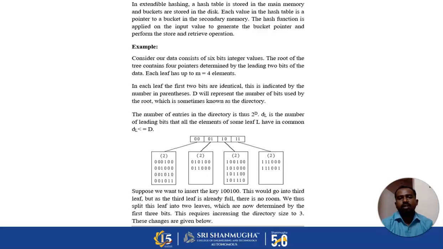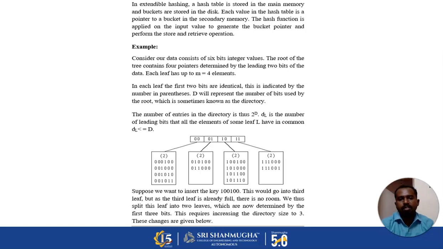Example: consider that our data consists of 6-bit integer values. The root of the tree contains 4 pointers determined by the leading 2 bits of the data. Each leaf has up to m equals 4 elements. If in each leaf the first 2 bits are identical, this is indicated by the number in parentheses. D represents the number of bits used by the root, which is sometimes known as the directory.